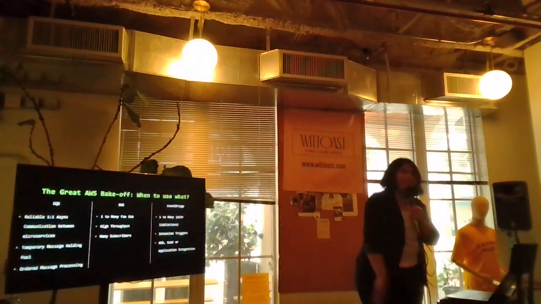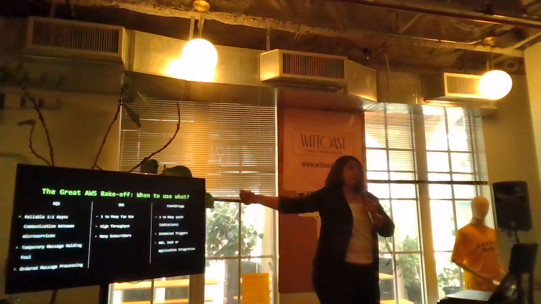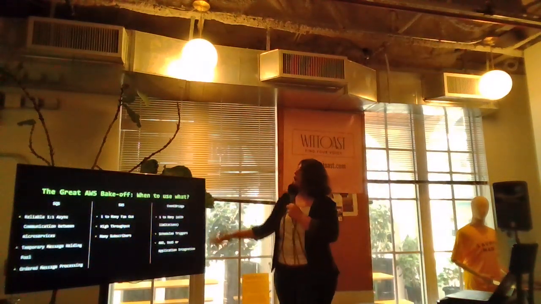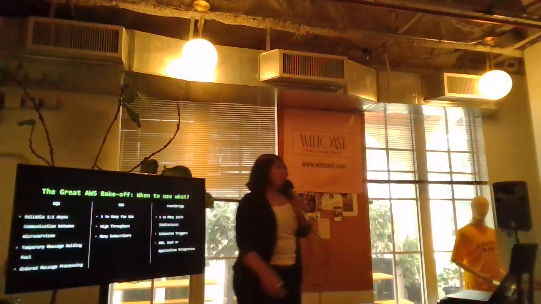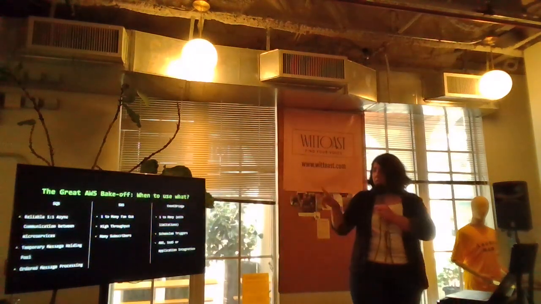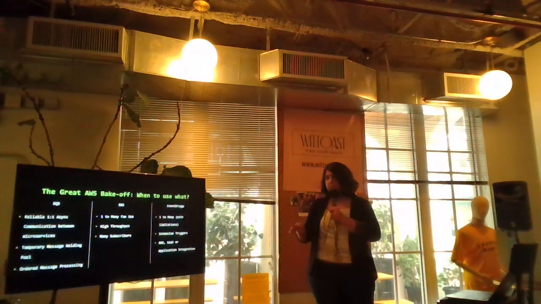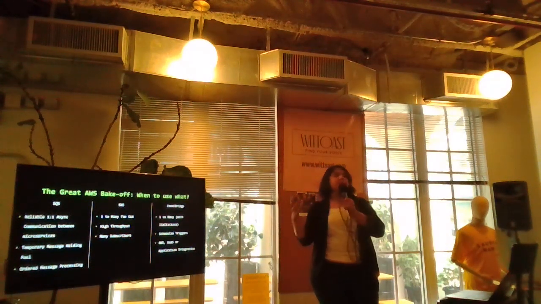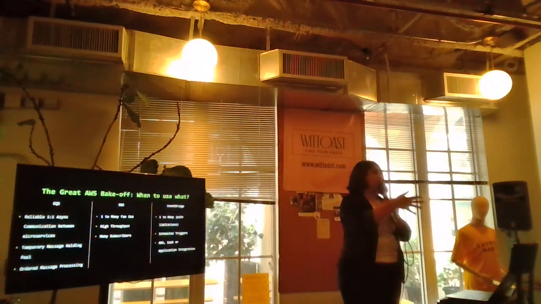So, yeah. I will dive right into the bake-off. SQS is a reliable 1:1 asynchronous communication between microservices. It's a temporary holding pool which allows you to process things at the rate which you desire for your application.